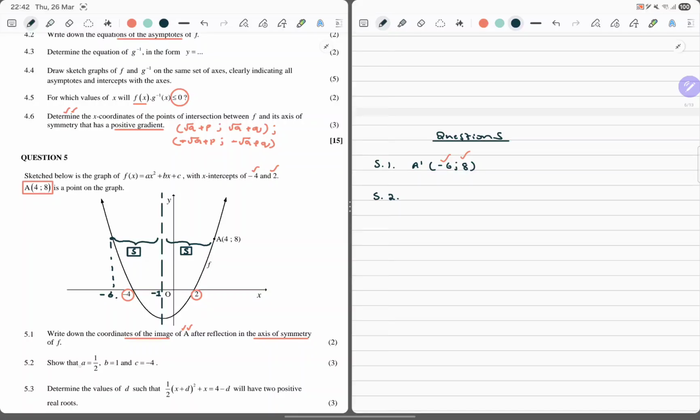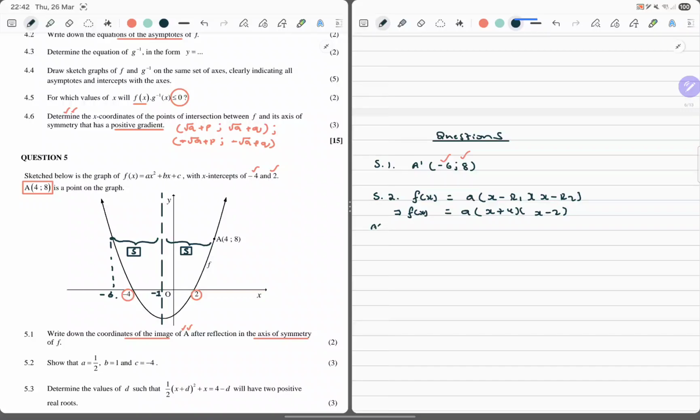Now we need to show that a is a half, b is 1, and c is minus 4. No problem. So we know that our f function is in the root form. So this is x minus the first root, x minus the second root. So this implies that our f is a into x plus 4 into x minus 2.